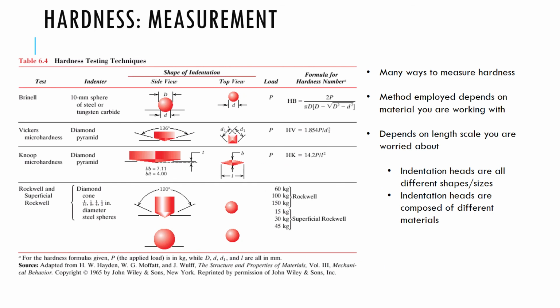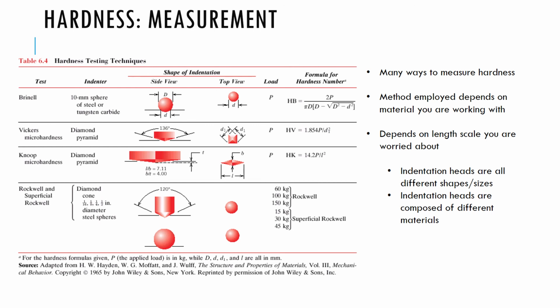There are lots of different ways to measure hardness, and you have to think about the material that you're trying to measure in order to pick your method. One consideration is the value that you think the hardness of your material has.